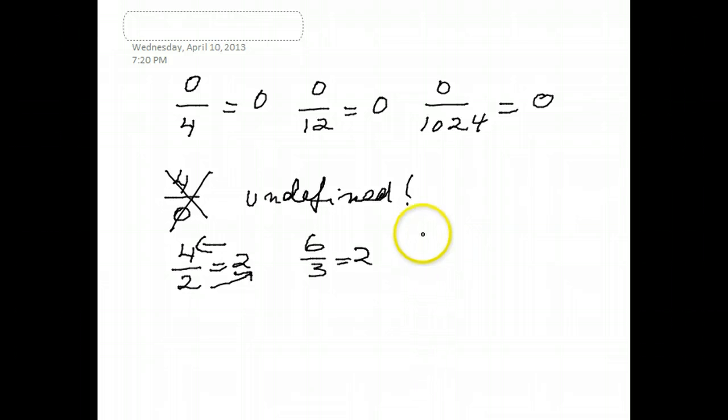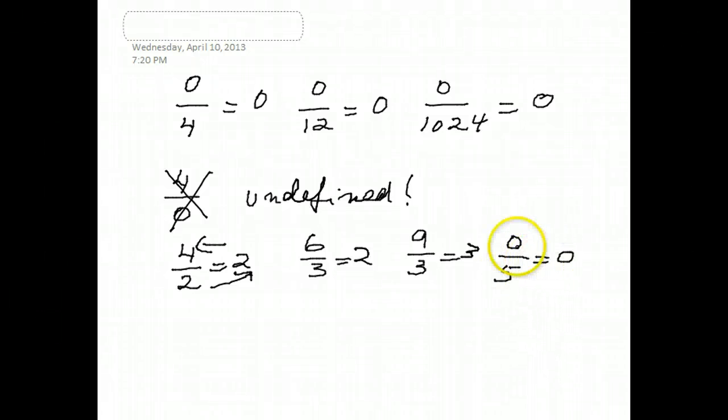If I divide 9 by 3, my answer is 3, because 3 times 3 is 9. If I divide 0 by 5, the answer is 0, right? Because 5 times 0 is 0. So this works. But look what happens if I try to divide 5 by 0. There's no number I can put in there that will give me 5. If I put in 0, 0 times 0 is not 5, okay? So that's why you cannot divide by 0.